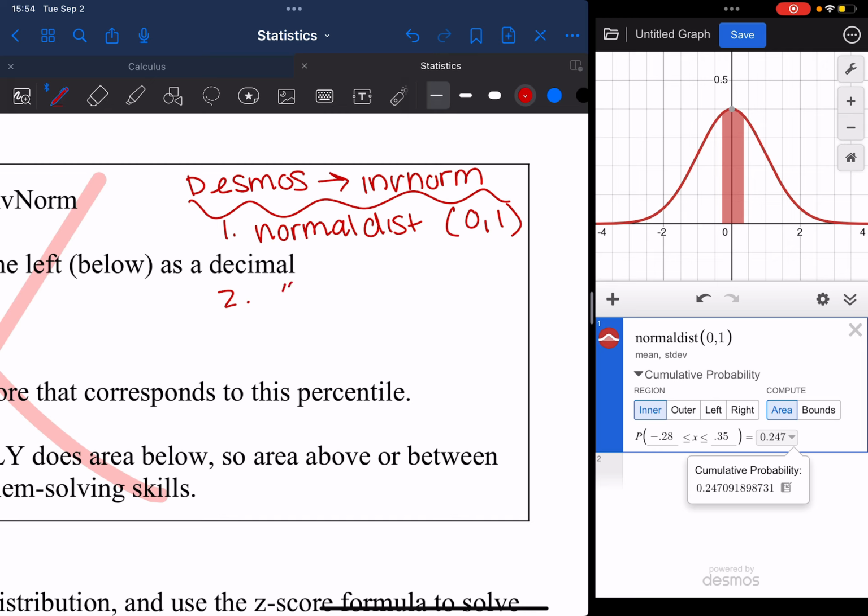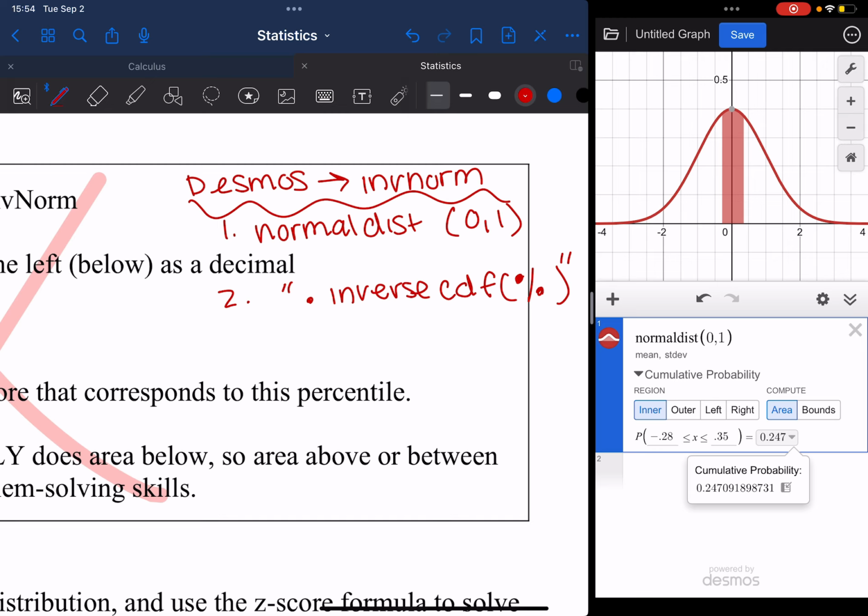So you're going to put dot inverse CDF. And then in the parentheses, you are going to put the percentage that they give you, or the percentile.